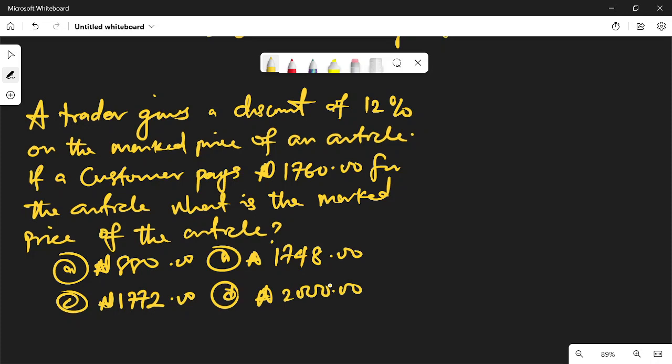We are told that a trader gives a discount of 12% on the marked price of an article. If a customer pays 1,760 naira for the article, what is the marked price of the article? Who can help us with that?